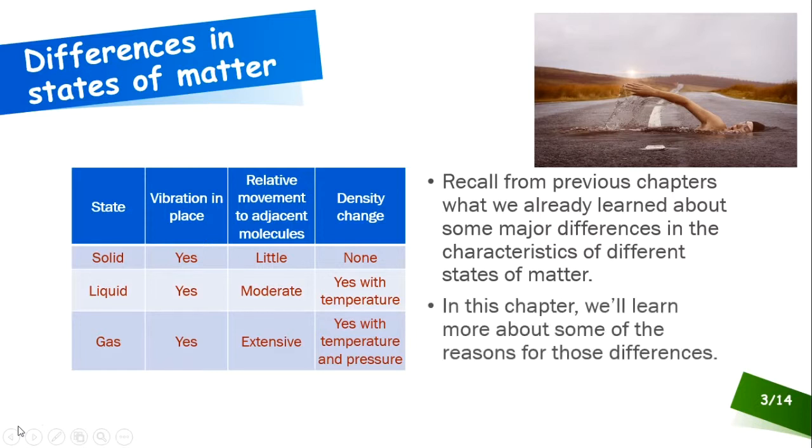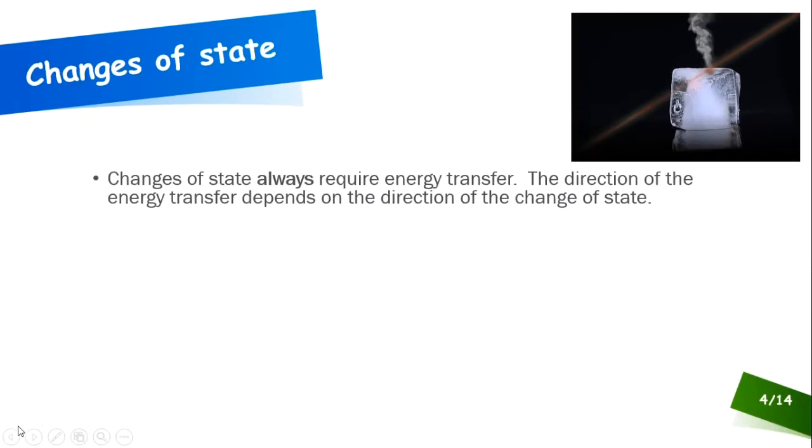So I want to bring this up because we're going to be examining in this lecture for this chapter more of the reasons why we see these different behaviors in the different states of matter. And what we're really going to examine to look at the differences between the different states of matter is looking at changes from one state to another.